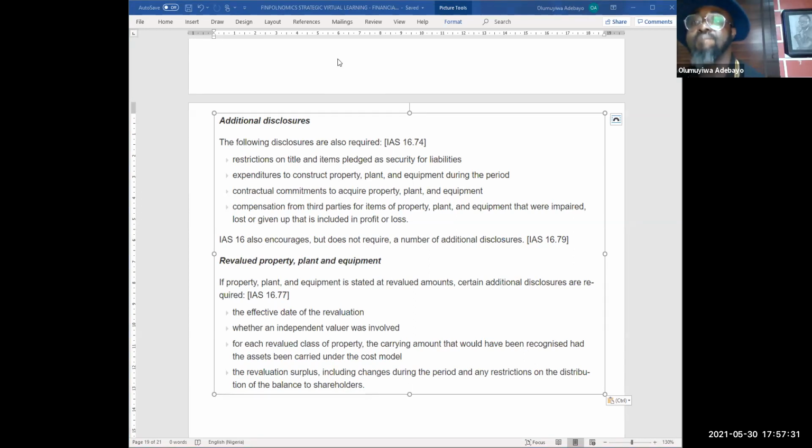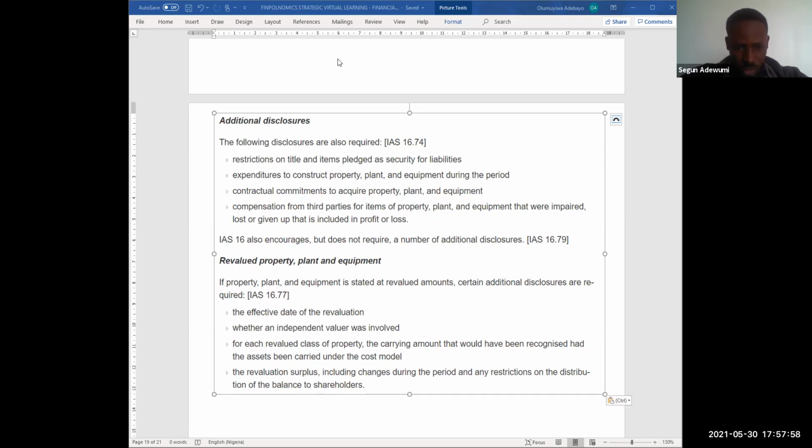Expenditures to construct property, plant, and equipment during the period. 3. Contractual commitments to acquire property, plant, and equipment. 4. Compensation from third parties for items of property, plant, and equipment that were impaired, lost, or given up that is included in profit or loss. IAS 16 also encourages but does not require a number of additional disclosures.